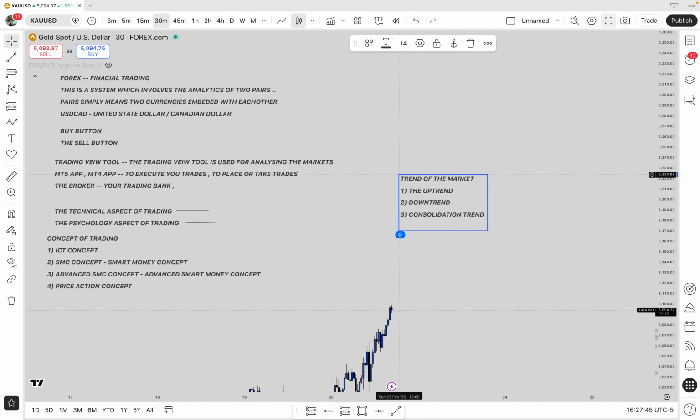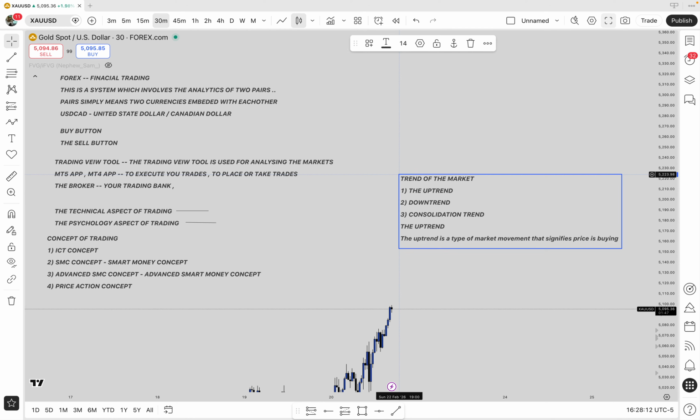Now, what is the uptrend? Now, the uptrend is a type of market movement that signifies price is buying, or the market is bullish.